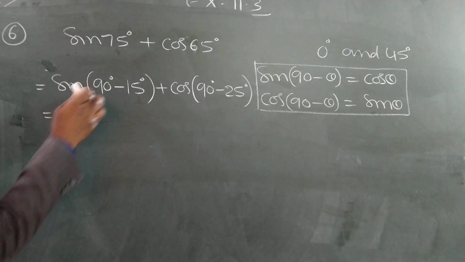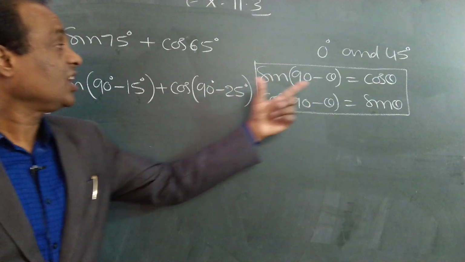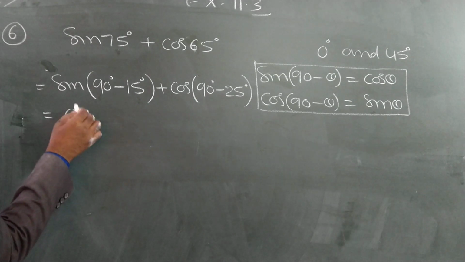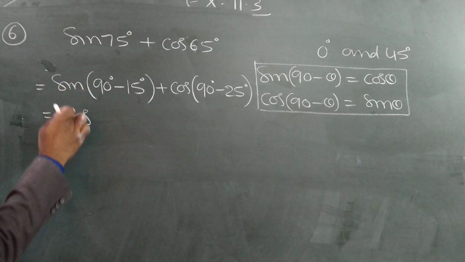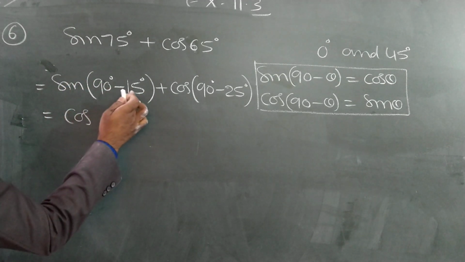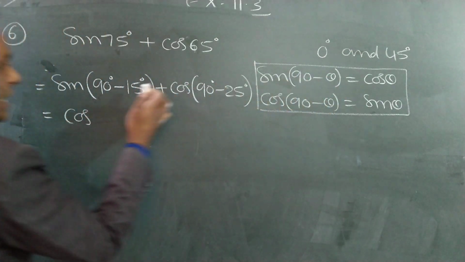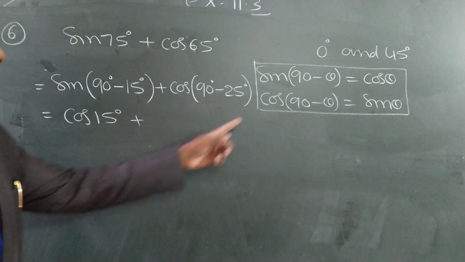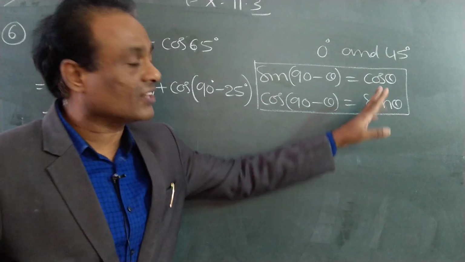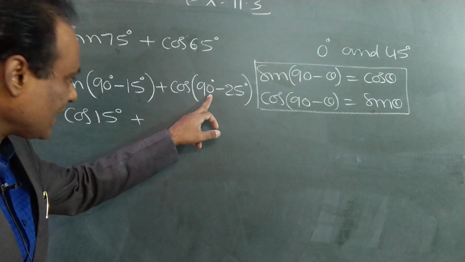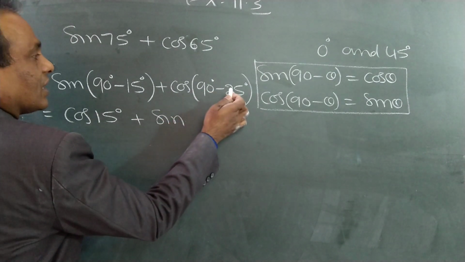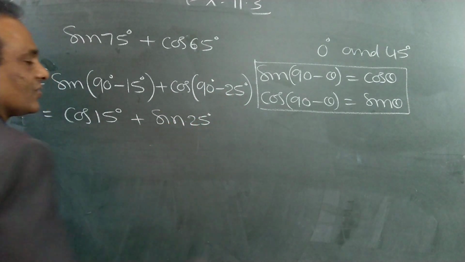Now I am using the first formula. For 90 degrees, sin changes to cos of what angle? Theta. What is theta here? 15. Second formula, cos 90 minus theta is sin theta. For 90 degrees, cos changes to sin of what angle? 25 degrees.